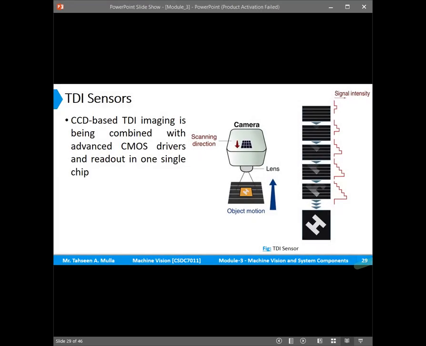Now, TDI techniques can easily be used with CCD technology because there is less image noise, whereas it is more expensive and requires more power than CMOS technology, right? So there's a newer approach combining CCD and CMOS technology, that is CCD based TDI imaging combined with advanced CMOS drivers, and that will be read out in a single chip.